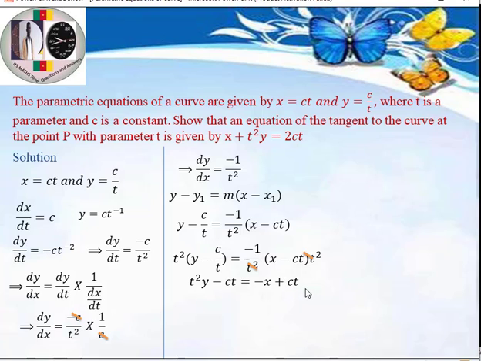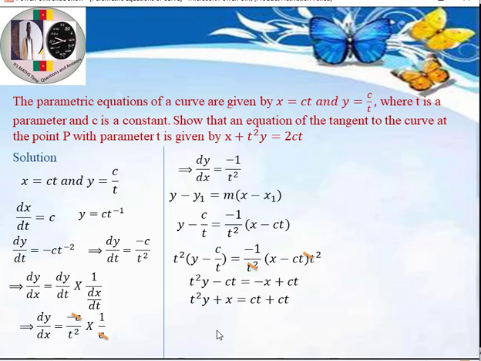If we bring like terms together, we take minus ct to the right, and the sign changes from negative to positive. We also bring minus x to the left so that it will look like the equation that has been given to us, and the sign changes from negative to positive. So we are going to have t squared y plus x equals ct plus ct, and ct plus ct is 2ct.